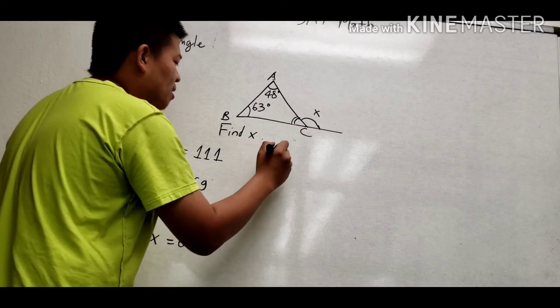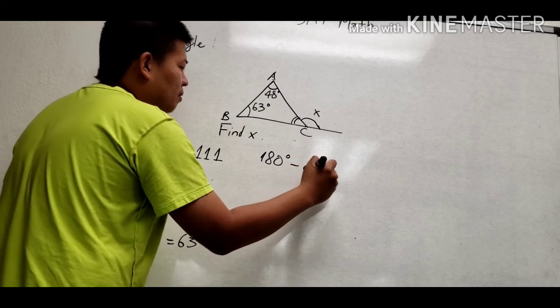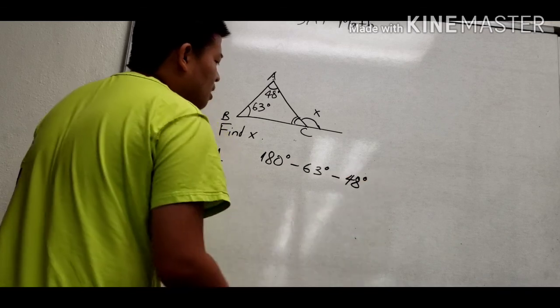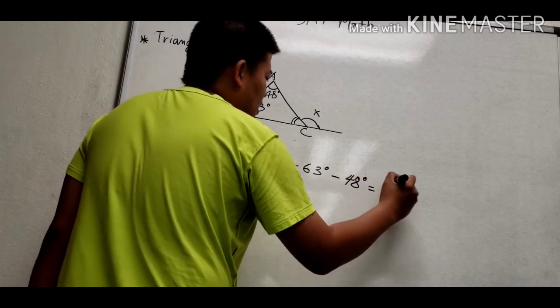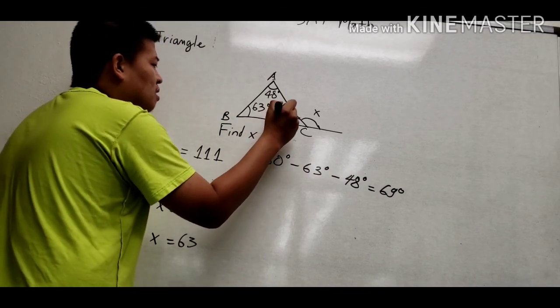So we have 180, minus 63, minus 48, and you get 69 in here. So angle C is 69.